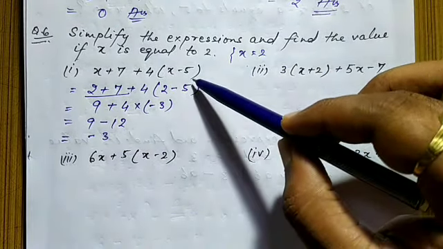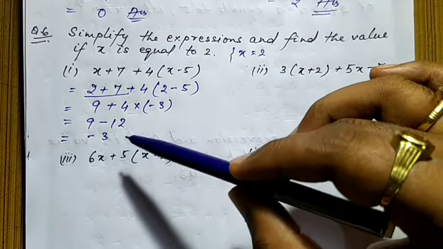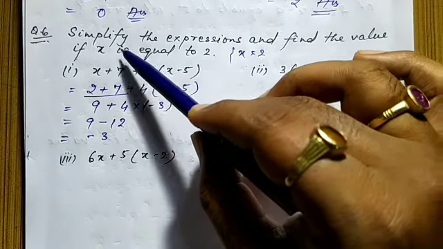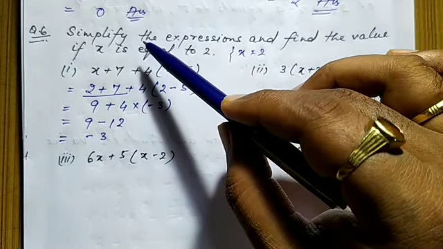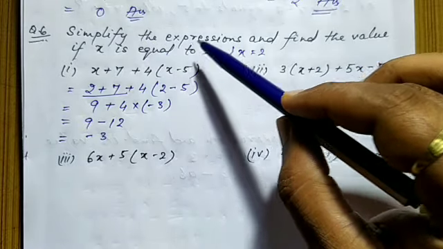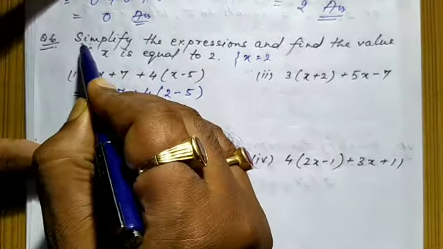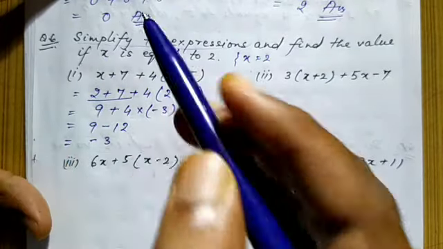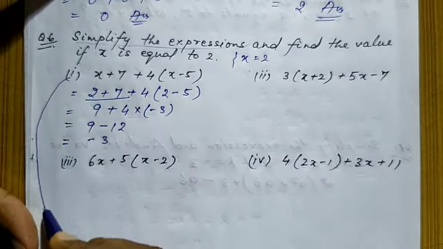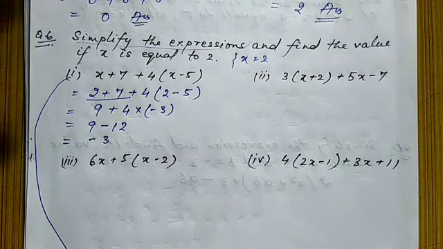Okay, but this is not the correct way. You have to see in the question, what in the question it is asking, simplify the expression. Okay, first you have to simplify the expression. Now see how to solve it.